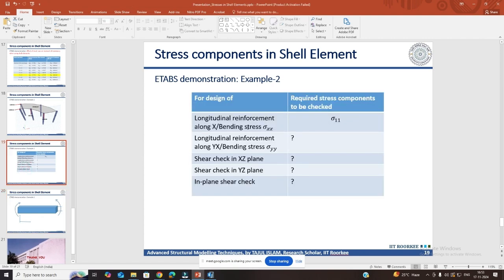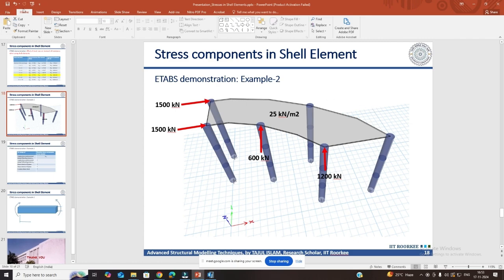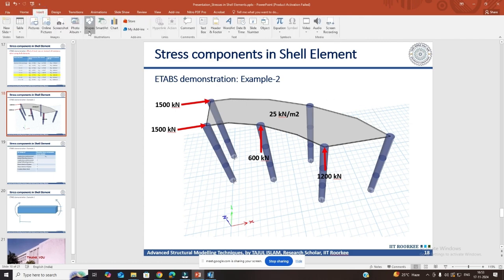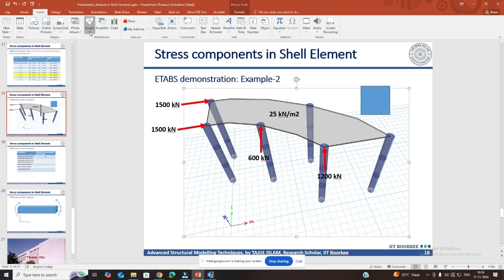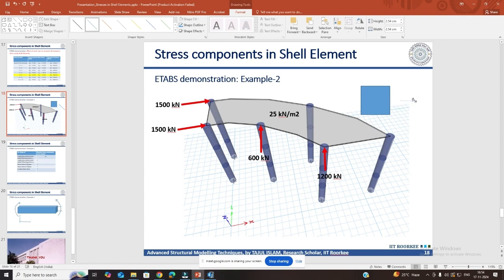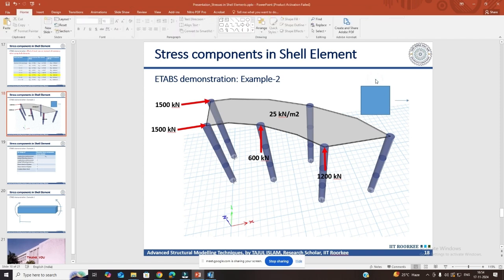So now tell me which stress I have to check here. I have to design the reinforcement along x. And the definition of shell, I think I have to write it here. If this is your shell element, this is your sigma 11 and this is your sigma 22.